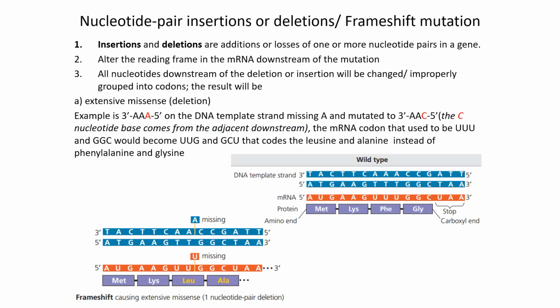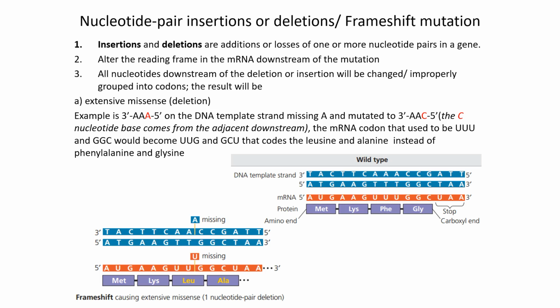Now let's continue with frameshift mutation. This involves nucleotide base pairs being inserted or deleted. All this while we have discussed substitution, where the nucleotide base pair is substituted, replaced. Now what happens when this nucleotide base pair is inserted or deleted?